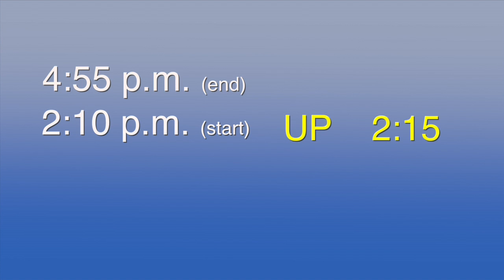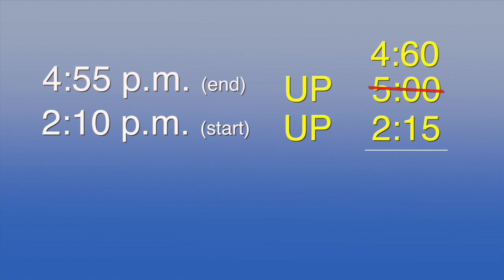That would be the nearest quarter hour because 10 is past the 7.5 mark. So we round 2:10 to 2:15. The 4:55 gets rounded up to 5 o'clock because it's past the 7.5 minute mark in the quarter hour, so 5 o'clock. So now you can subtract 5 o'clock minus 2:15, and you'll end up with 2 hours and 45 minutes.